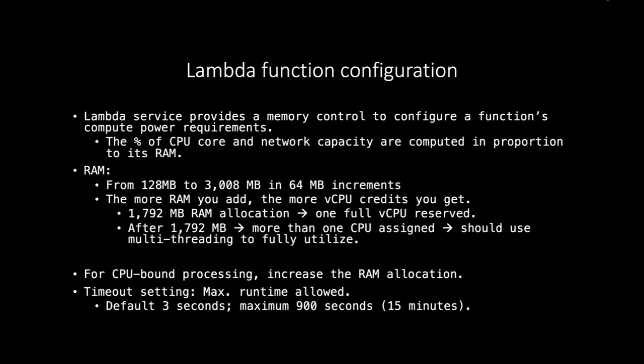Obviously that's a tuning aspect of Lambda. When you write a function, you test it to make sure it works properly, but you also see how much RAM memory it consumes during its execution. And if you're over provisioning it, then you reduce the amount of RAM memory that it requires, and thus you reduce the cost associated with the execution of the Lambda.